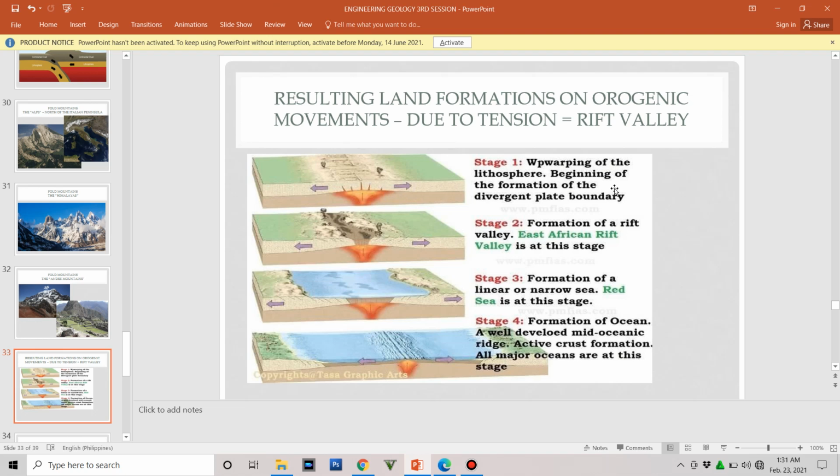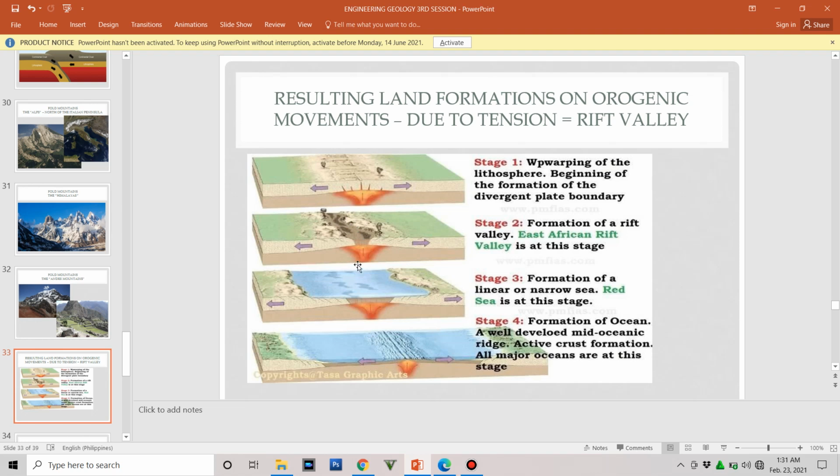So it is the beginning of the formation of a divergent plate boundary. So as we can see on the arrow, divergent, maghihiwalay. Okay? So the plates are pulling one another. And then stage 2, formation of a rift valley. This is the East African Rift Valley, is at this stage. Okay? So meron ng separation.